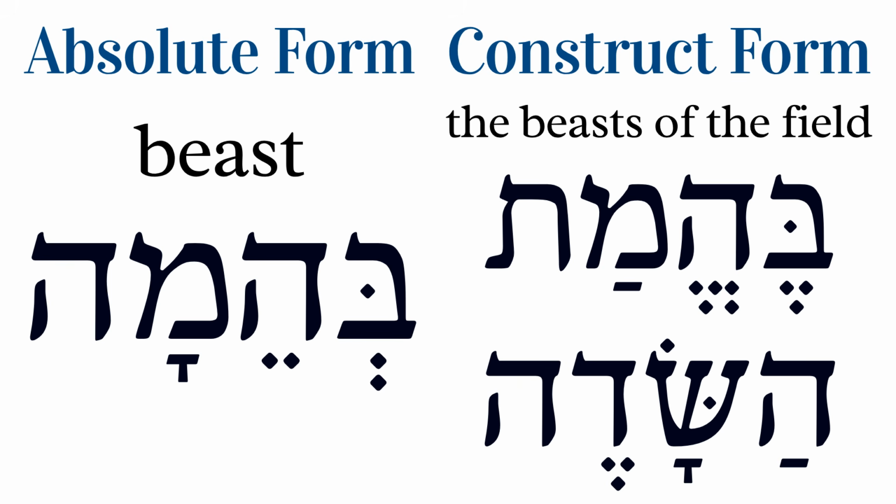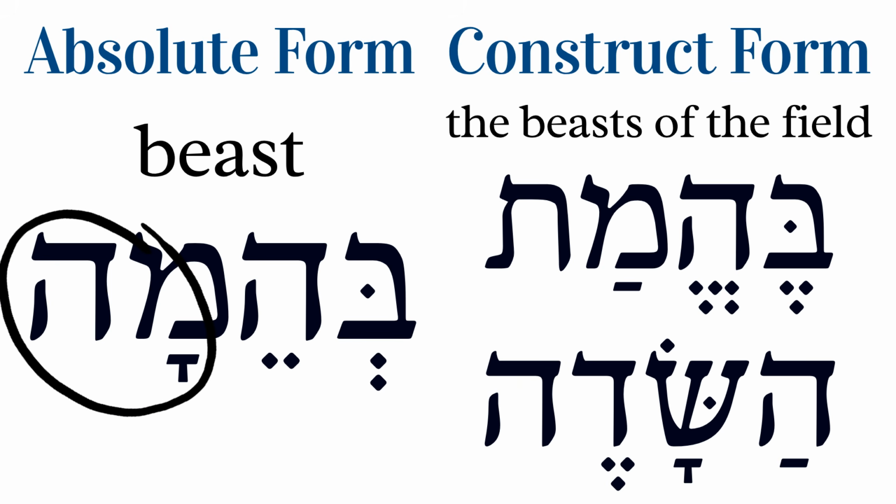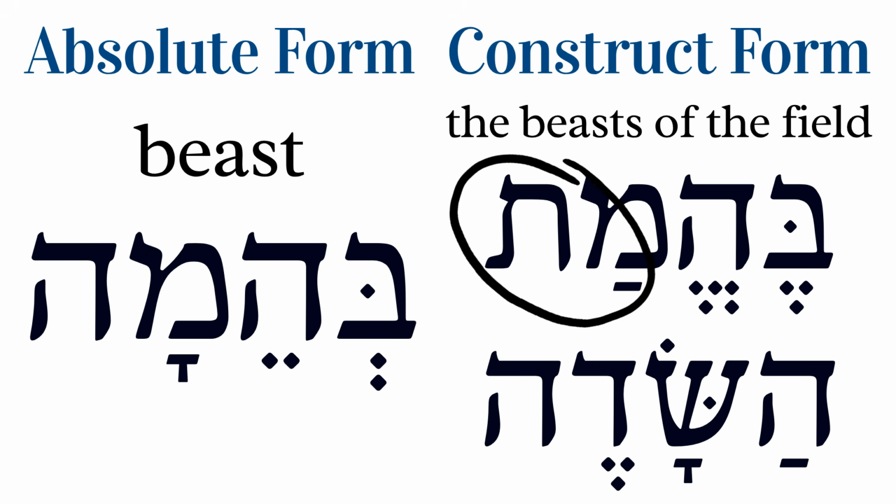But also, the a ending spelled with kamatz and hey has changed to a patach and tav, an at ending, behemat. That is how we'll make the construct form of words ending with a. Behemah, beast, behemat hasadeh, the beast of the field.